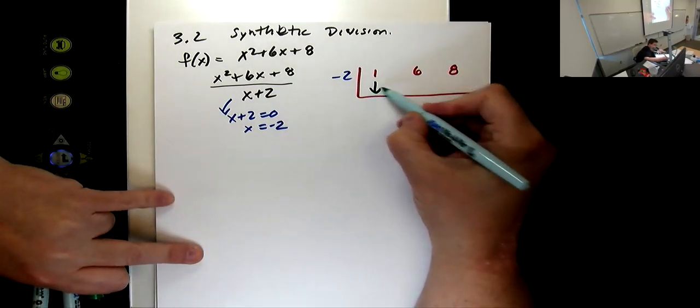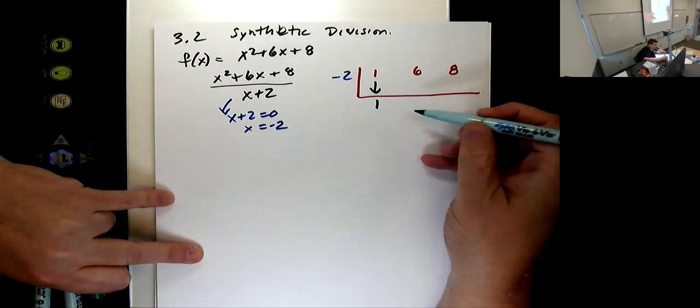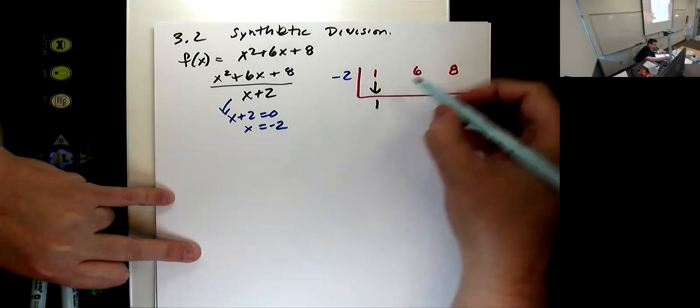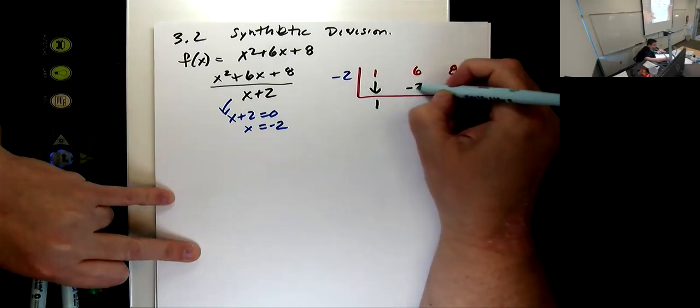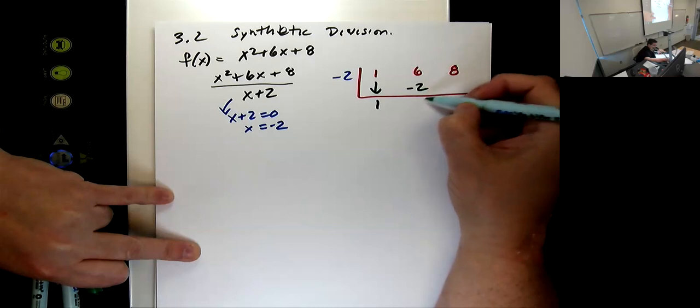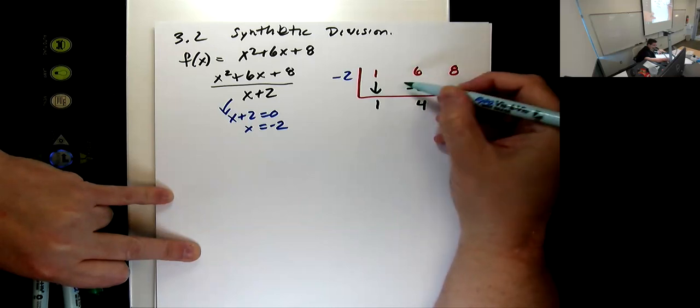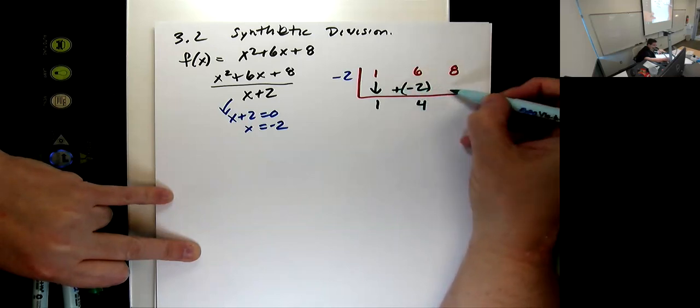So the first number comes down automatically. We do -2 times 1 goes here. Add those numbers. Then -2 times 4 is -8. We add, and we get 0.